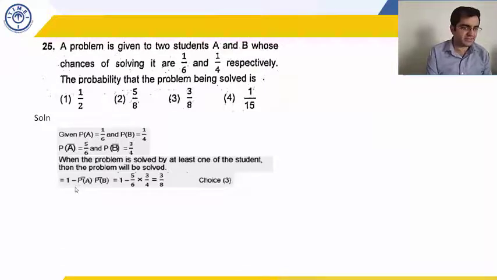So I can find this as 1 minus A does not solve it and B does not solve it, or 1 minus probability A complement times probability B complement. The complement sign is a little incorrect. It's shifted. It should be on top of A and B. So you get 1 minus 5 by 6 into 3 by 4. That is 3 by 8, and that is your answer.